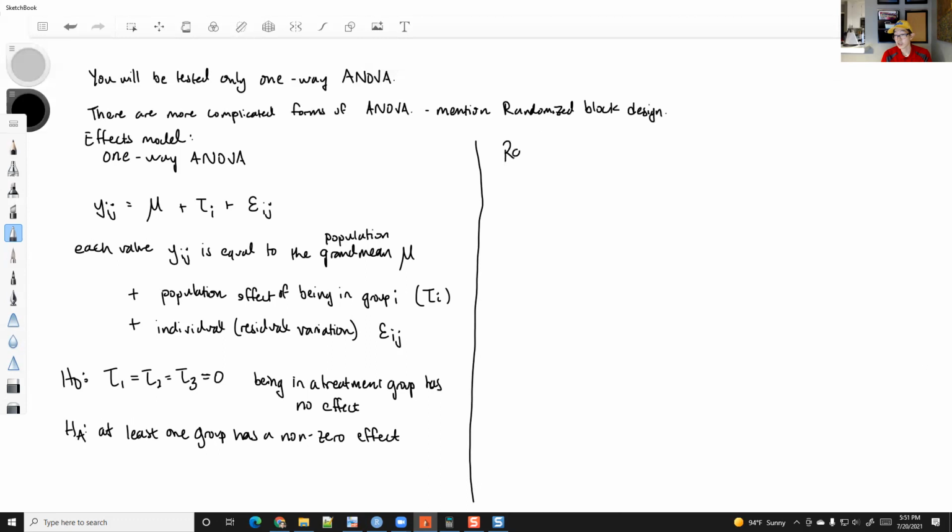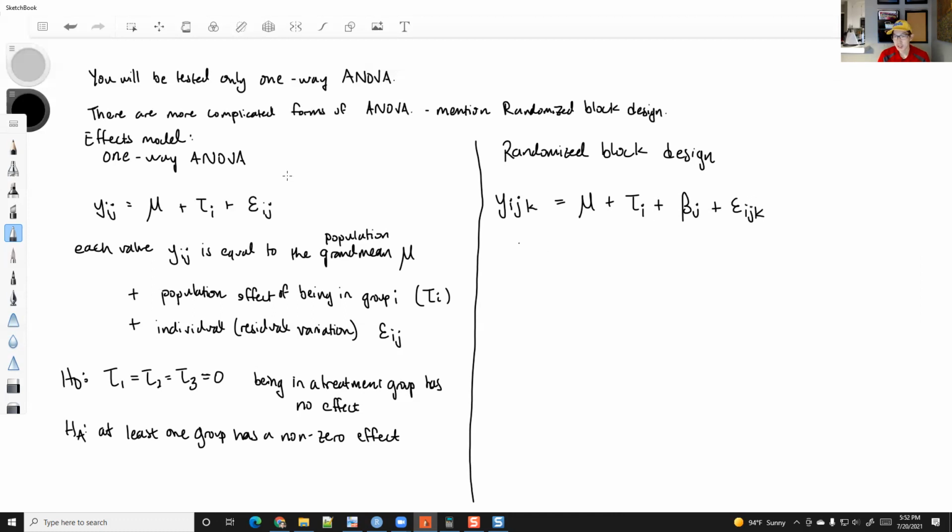And you can also have the randomized block design. The randomized block design just makes it so we add more letters here. We've got Y i j k, and we've got mu plus tau i plus beta j plus epsilon ijk. What's with all of these letters?